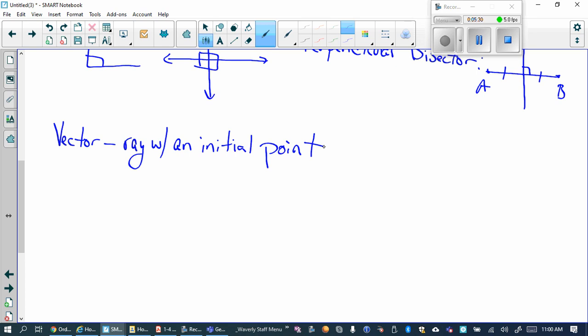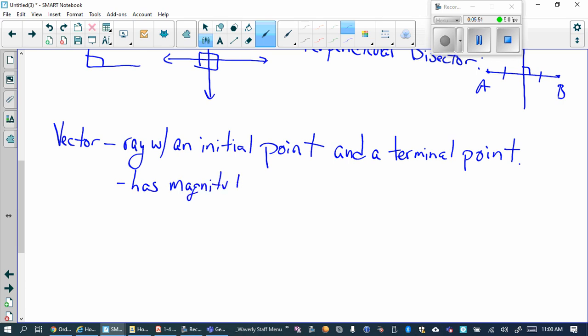A ray with an initial point and a terminal point. It has what we call magnitude, or length. It has a certain length. It starts and stops somewhere. So it has magnitude, which is its length. And I know we're going pretty fast here. If I scroll too fast and you don't get it, let me know. I know I'm standing in the way too, but just do our best. And direction.